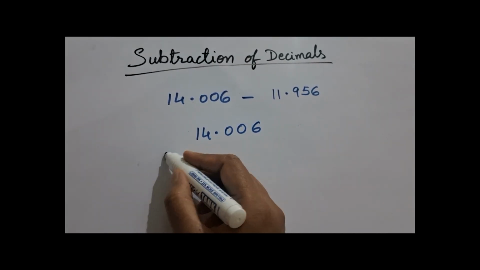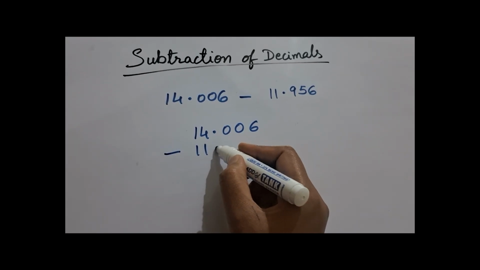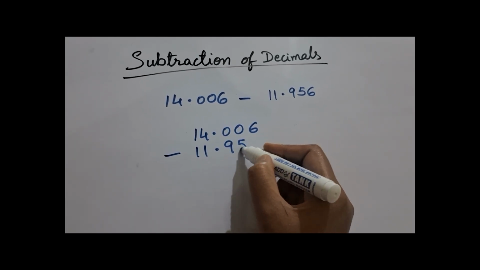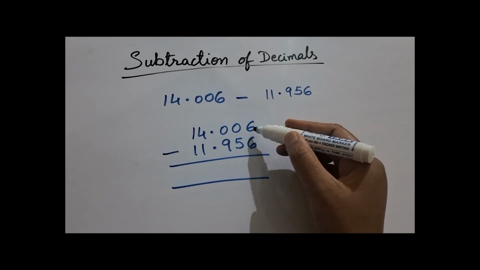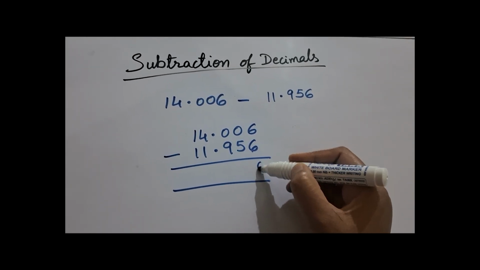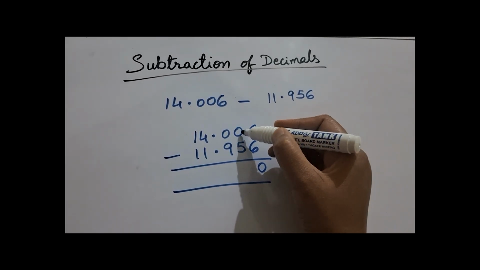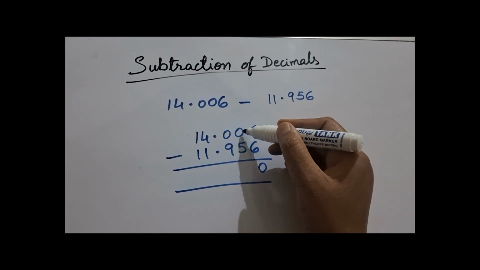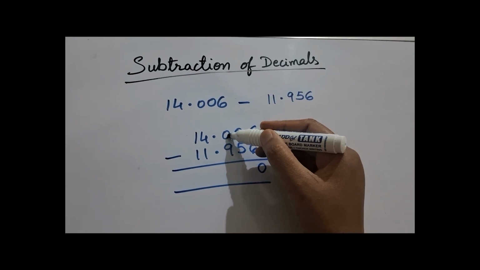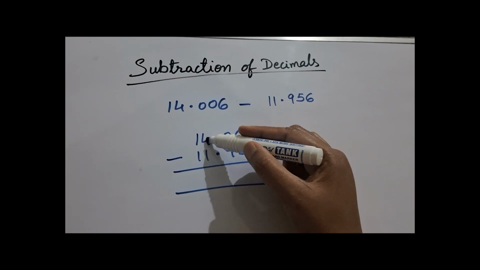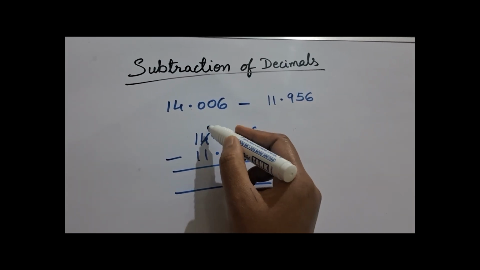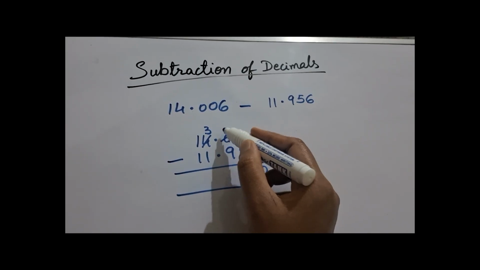14.006 minus 11.956. Okay. 6 minus 6, that is 0. Here 0 minus 5 is not possible, so it takes a carry from here, but this is already 0, so this one takes a carry from here. So this becomes 3 and this becomes 10.